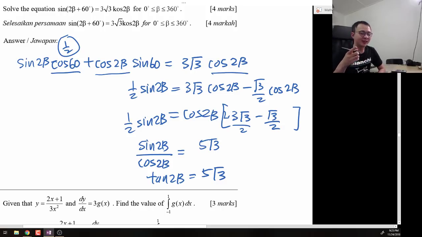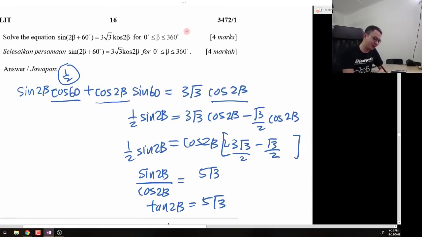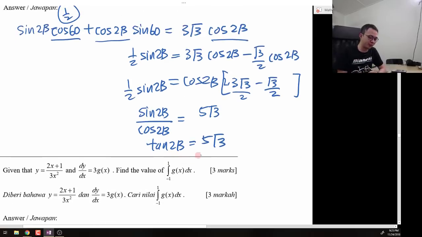Alright, so then the next thing is, this is the value of beta, but you don't have any range for 2 beta, right? So I will multiply 2 for every single one here. So therefore my 0 to 2 beta, 2 times 0 is 0, to 720. That means my angle needs to be found up to 720 for 2 beta.